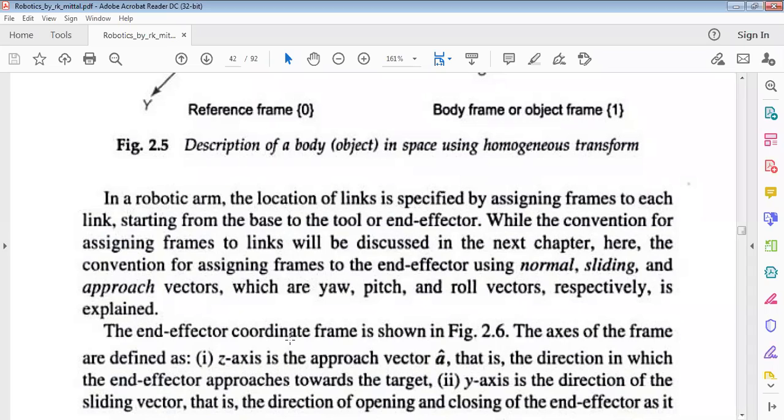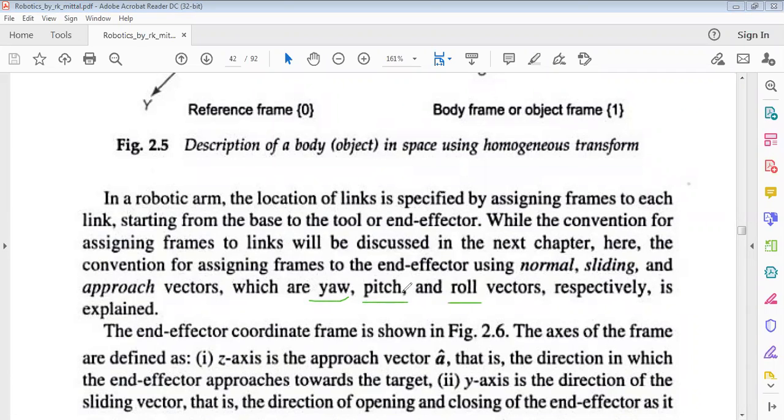Here it moves according to the motion of the wrist. Earlier we have seen the motions of the wrist, which are in 3 degrees of freedom. They are known as yaw, pitch, and roll.